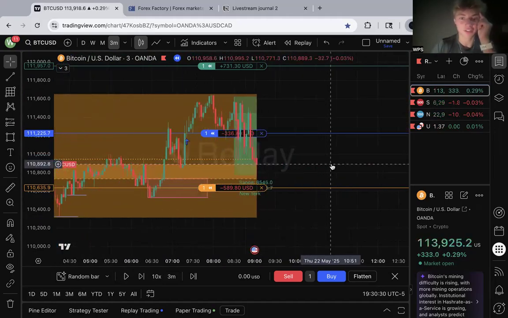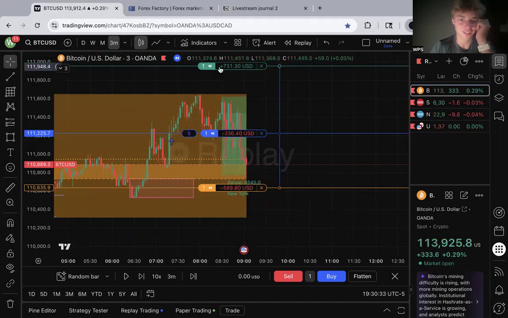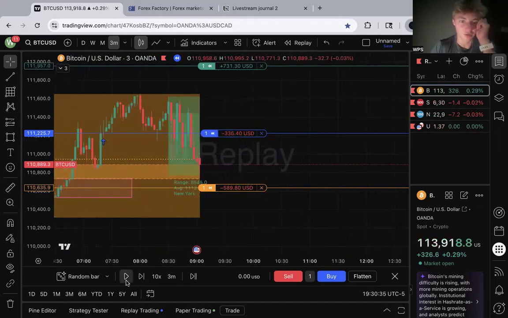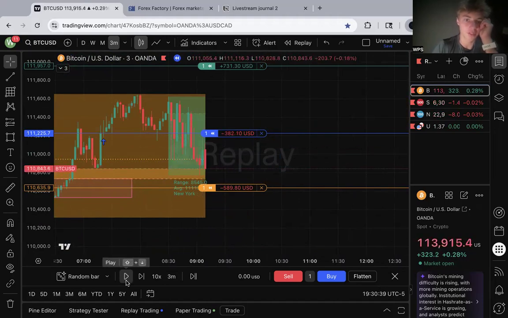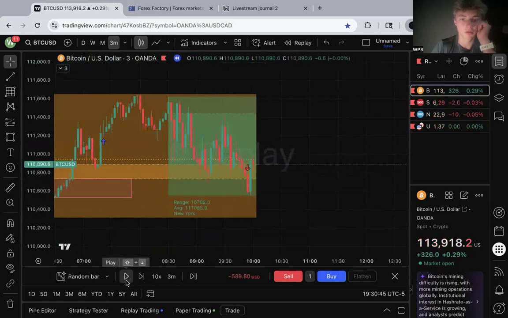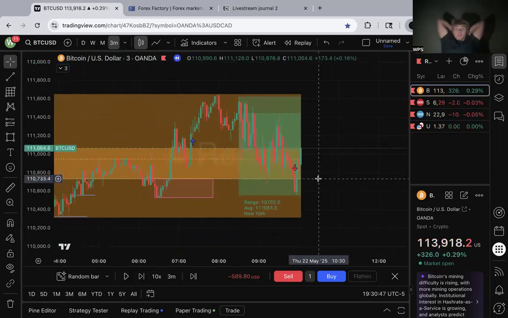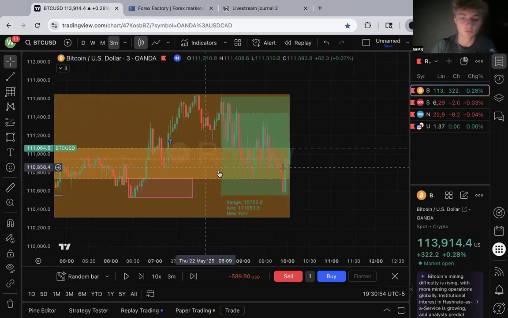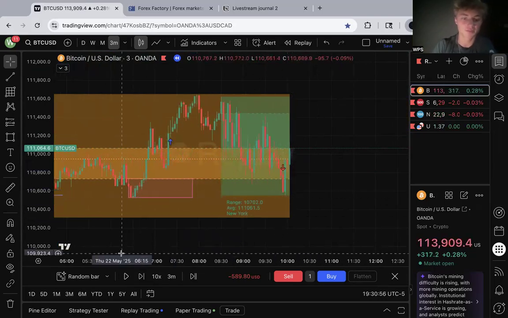Okay, right off the bat, I just noticed how volatile it gets during New York session. So probably not a good idea to trade during London. Okay. Again, this trade was lost. I guess I just didn't wait for the full order block retracement right here.